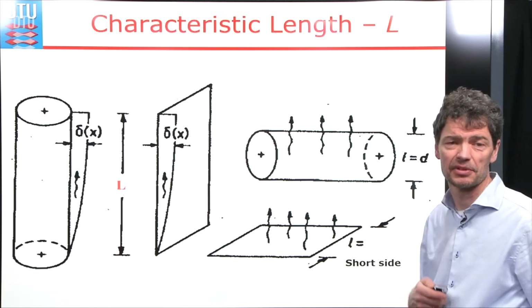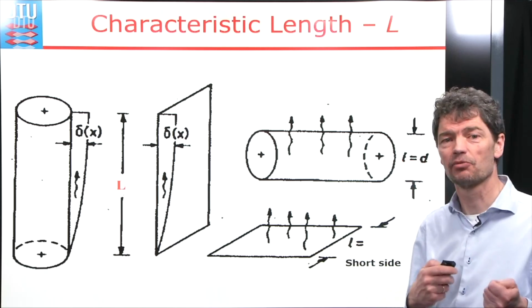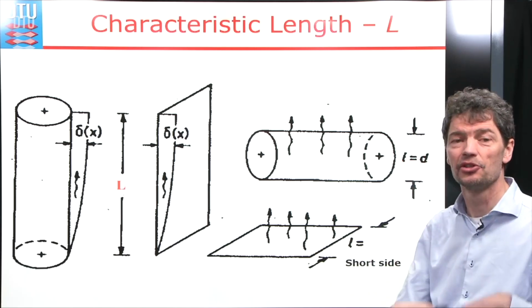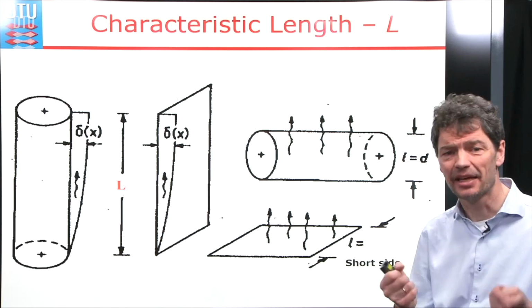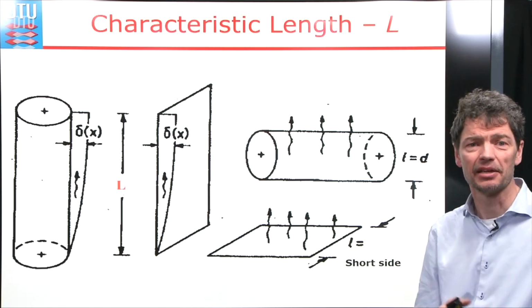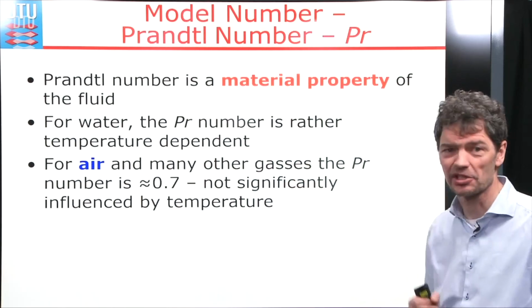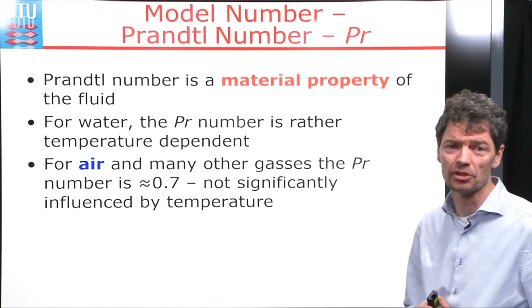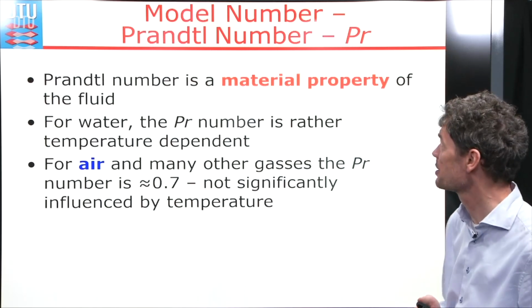So there can be different values for the characteristic length, and what you should normally do is check how the authors who made the empirical investigations understood or defined the characteristic length. But what I just showed on the previous slide were the normal settings for some geometries at least.